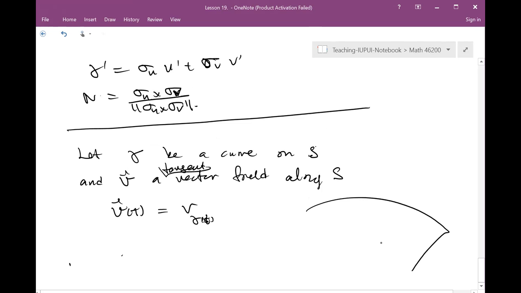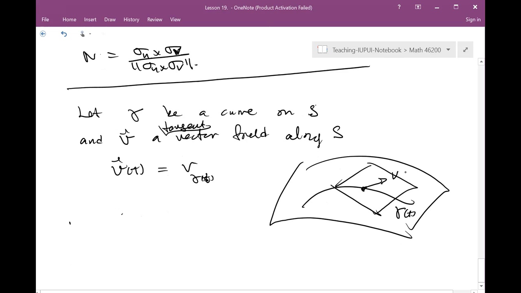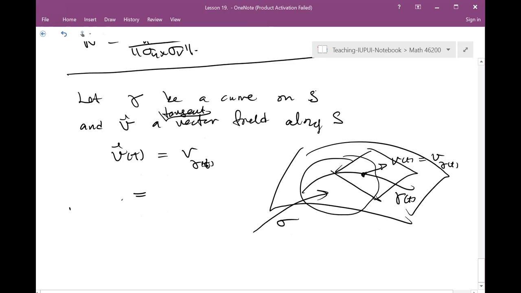Okay, so this is the surface, and here's gamma(t). At every point gamma(t), you have a tangent vector. But this tangent vector is a tangent vector to the surface. This is V. So this depends on t, actually it is a vector at the point gamma(t). So you can locally express it if there's a chart here, a patch sigma.